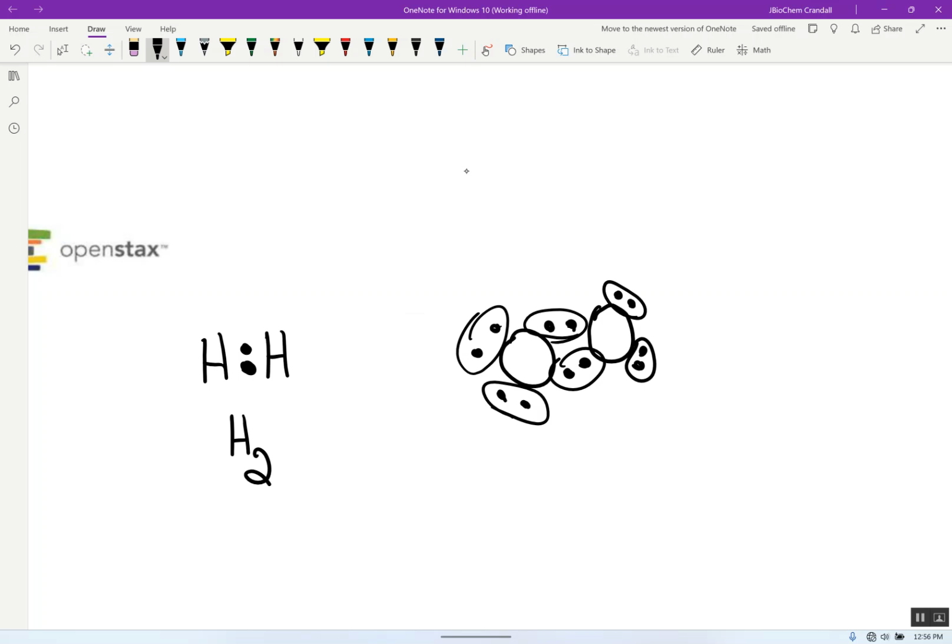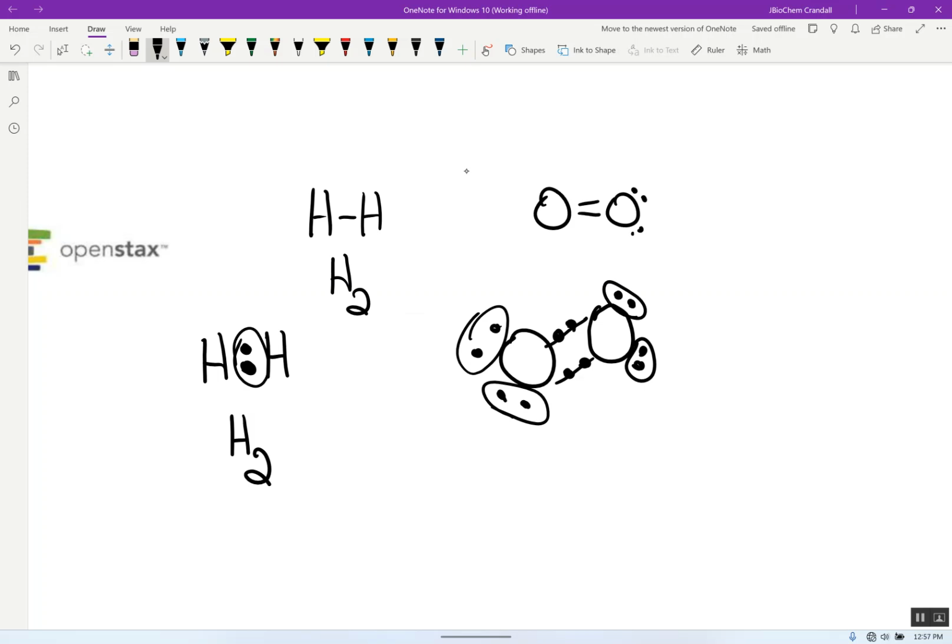So hydrogen has a single bond, which is represented by a line or 2 electrons. So H is H2. Whereas oxygen would create a double bond, where these would be the bonds, right? So you're going to get oxygen, and it has these unbonded electrons out here, which we call lone pairs. These are called lone pairs.